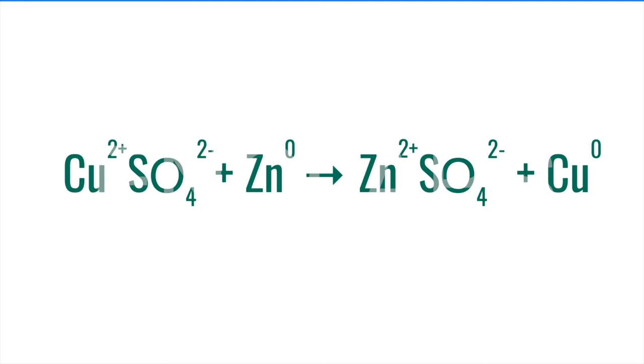Here zinc is in the elemental state, so the oxidation state is 0, gives zinc sulfate. In zinc sulfate, zinc is in +2 state, Zn2+ and SO4 2-, plus Cu. The oxidation state of Cu here is 0. That means it is in the elemental state, right?